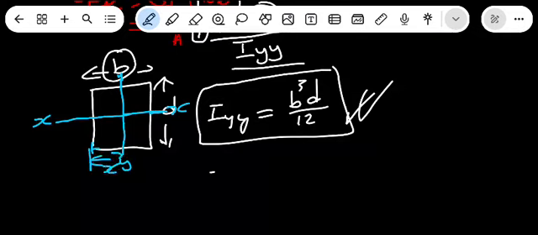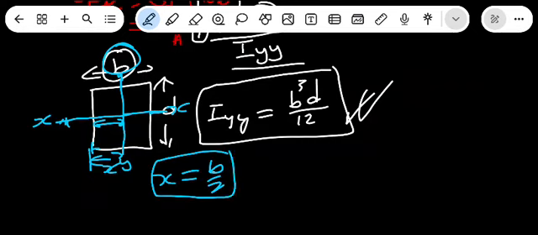It's x. But y is from the top going to the bottom. That is y bar. Now this will be x. So x is a half. It's from the middle, from the center. That means it will be b divided by 2. That is our x there.